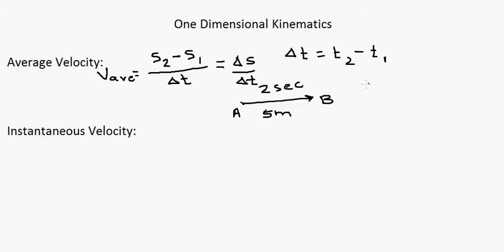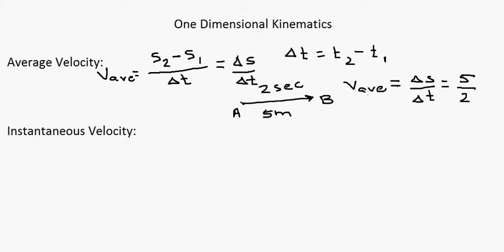So my average velocity, as per this definition, is delta S, which is B minus A, that is 5 meters. So I covered a displacement of 5 meters, over how much time it took me for the displacement. It took me 2 seconds. So 2 seconds. And don't forget the units.